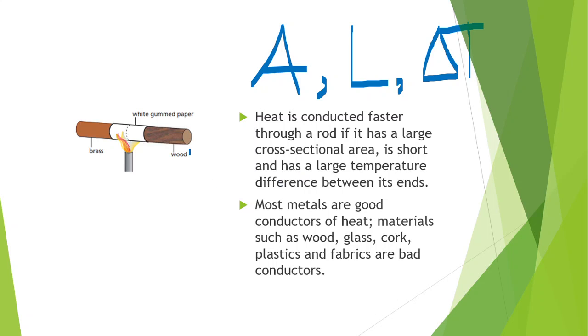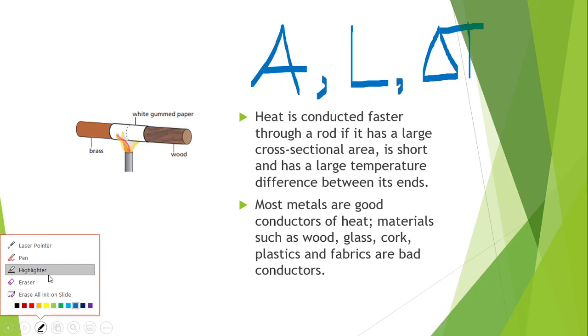In this experiment, I'm going to explain in the next slide what we're doing. Before that, it's important to know that most metals are good conductors of heat. Materials such as wood, glass, cork, plastics, and fabrics are not good conductors, and we don't call them conductors at all. We call them insulators.